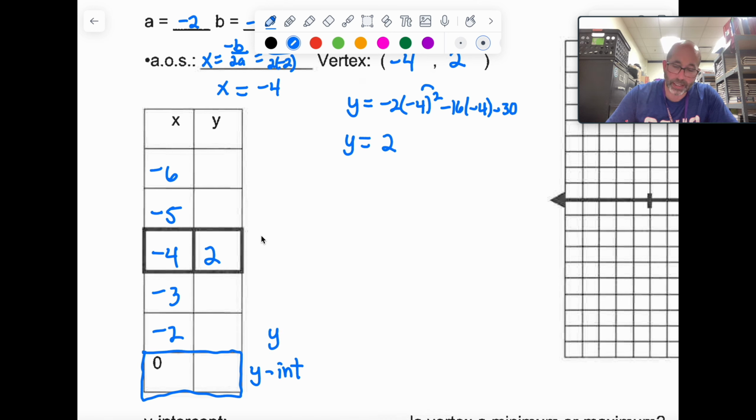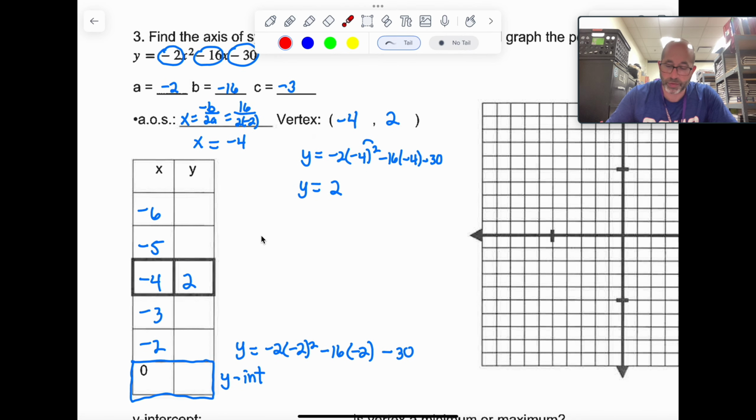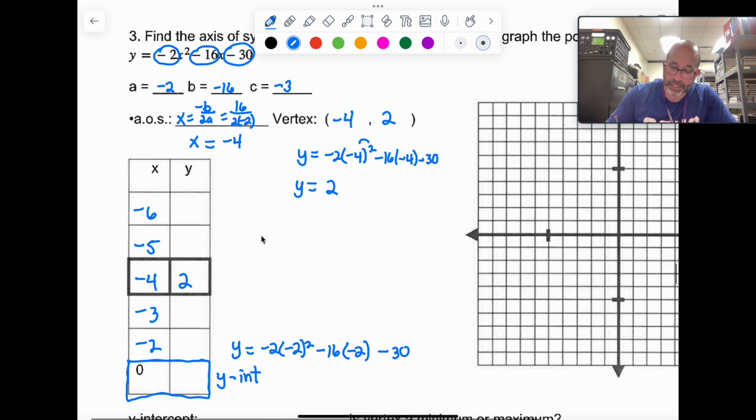So y is equal to -2 times (-2) squared minus 16 times (-2) minus 30. And again, that's just taking the -2, just like we did with the vertex, and putting it in for my x here and for the x right here. Okay? Put that in your calculator. We're going to get a -6 for our value, and that means we should have a -6 up here.